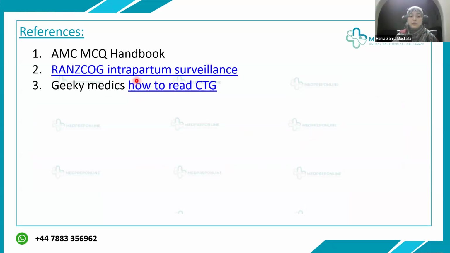And I've given you the link of the RANZCOG Australian guideline that I've taken the CTG information from. The definitions are from these guidelines, and the CTG images were from Geeky Medics, how to read CTG. This is also a very good read if you want it in simpler language.